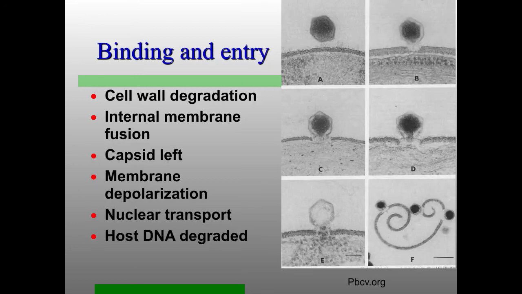Its infection process is a lot like bacteriophage, probably because these are infecting algae that have really tough cell walls. So not unlike the bacteriophage, which have to get inside the bacteria that have really tough cell walls. Here, they've got to get inside the algae, which have tough cell walls. So this binding, degradation of the cell wall, release of the genome goes on the inside.